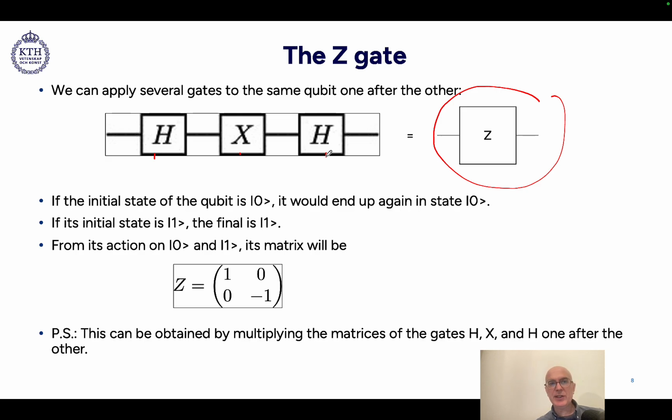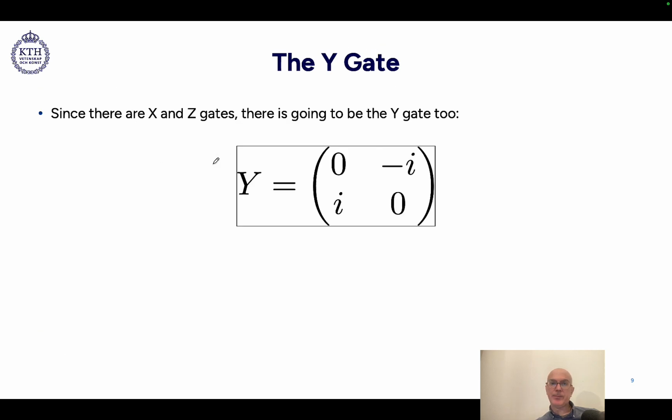If we have an initial state that is in state 0, it will end up again in state 0. If the initial state is 1, again it will be in state 1, but with a change of phase here. The matrix formulation can be expressed using this matrix here that can be obtained by multiplying the matrix formulation of these three gates.